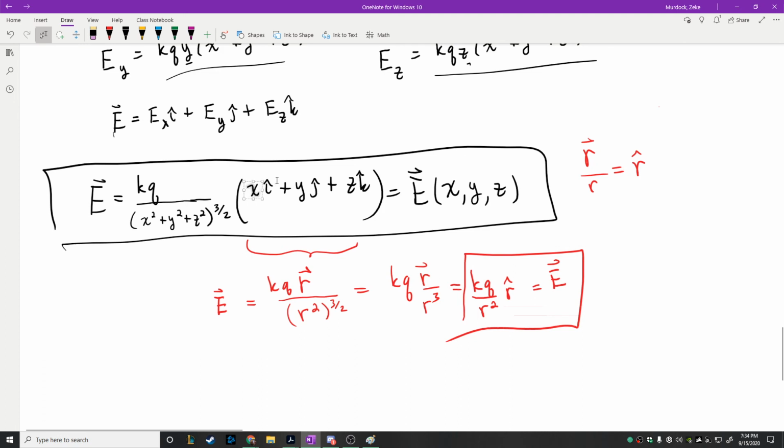Using 3 numbers for r instead of just 1, because that allows you to define specific points in space more easily in a computer program than it is to use something like this, where you have to start introducing angles and stuff like that as well, that wouldn't be automatically defined without parameterizing it like x, y, z.